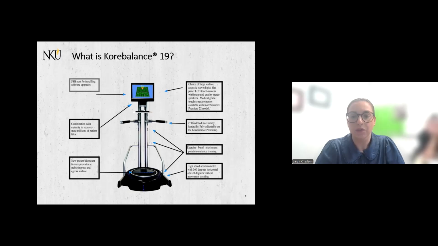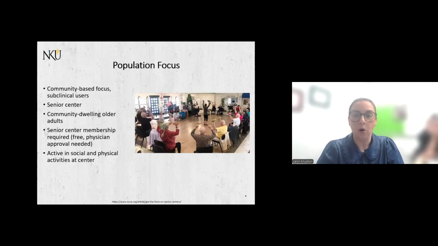This machine has been found in clinical settings, assisted living facilities, recreation centers, health and fitness clubs, universities, and professional sports teams. This is according to the KoreBalance company themselves. And so we were so lucky to collaborate with a local senior center with Jessica Shields and look at how this machine can be utilized in a community-based setting.